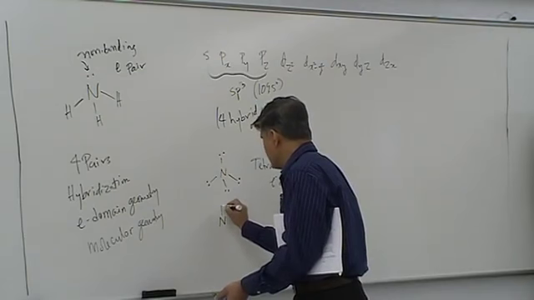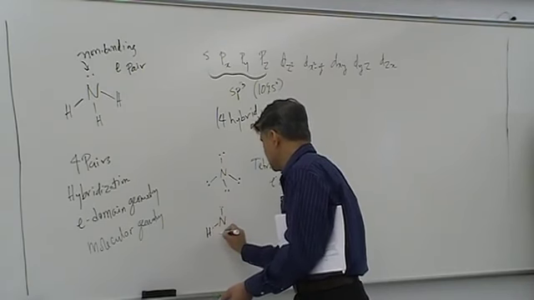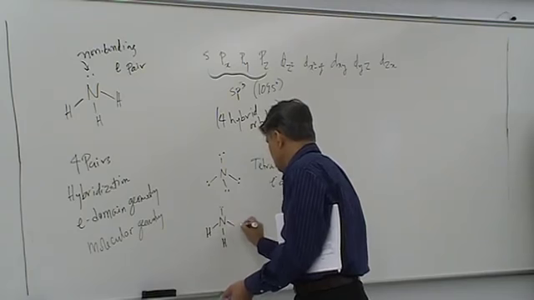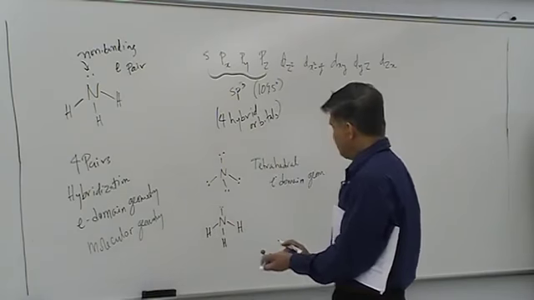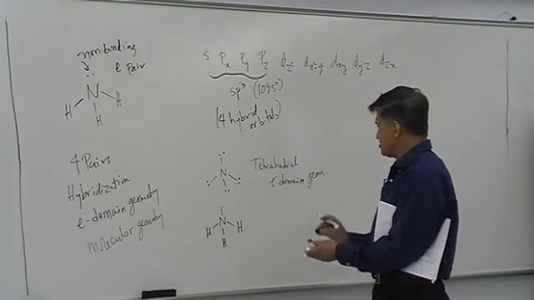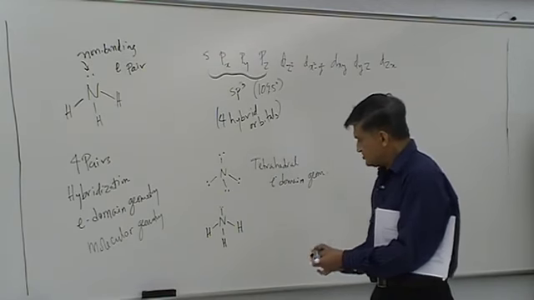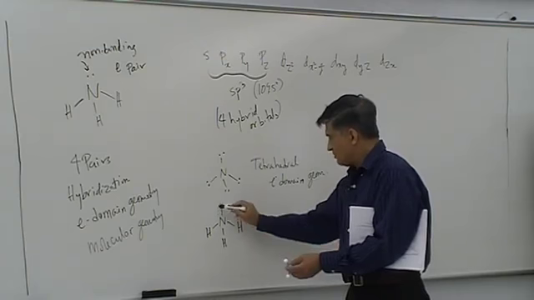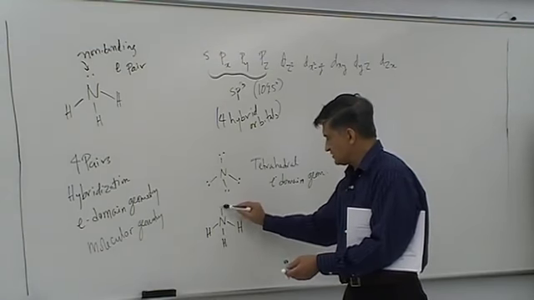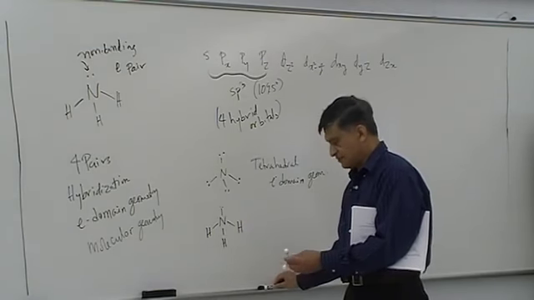So you have 1 pair of electrons here, then a hydrogen, let's stick in a hydrogen here. So even though my electron domain geometry is tetrahedral, the molecular geometry doesn't have all the hydrogens bonded here. This pair is a non-bonding electron pair.